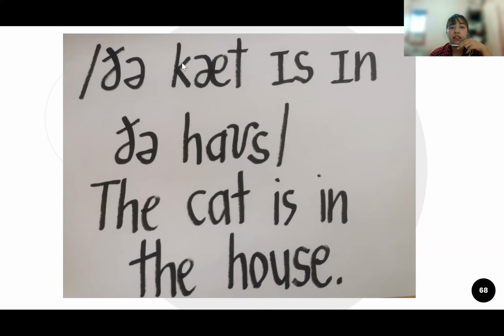Your cat. So we transcribe cat this way. So k sound, your digraph, and your t. And is composed of your barred I, because short I sound lang, or short E is. Same with your in. So my s and your n sound. The house. So repeated lang ang da and house. The cat is in the house.